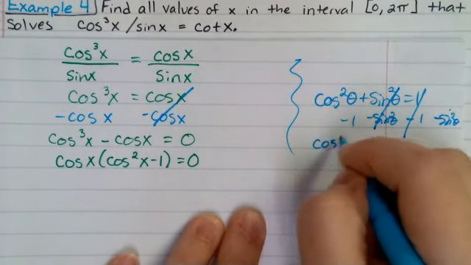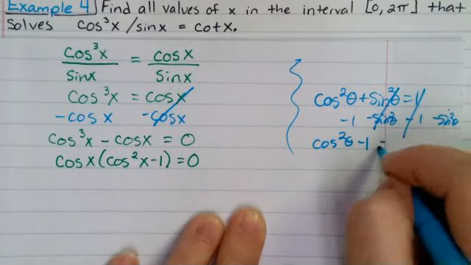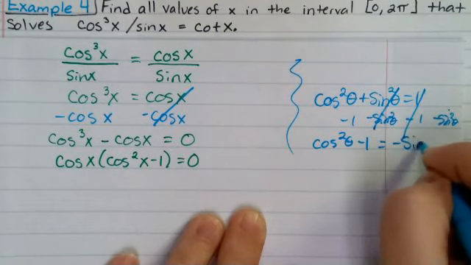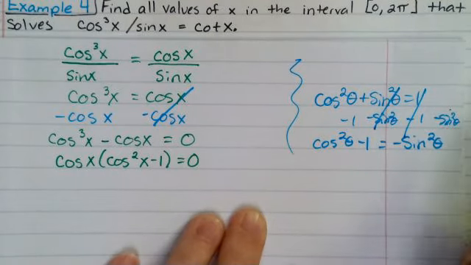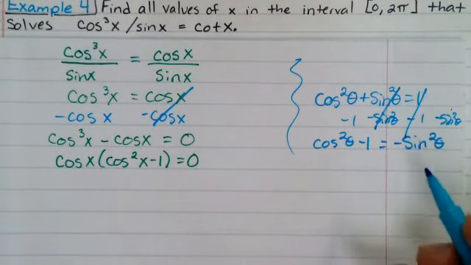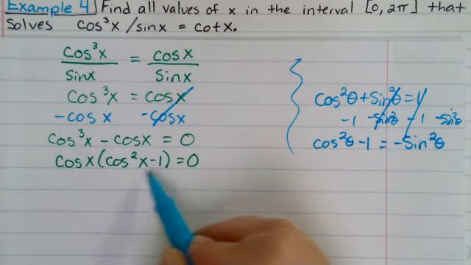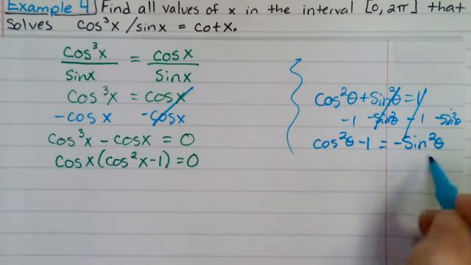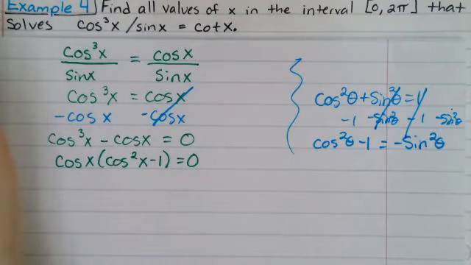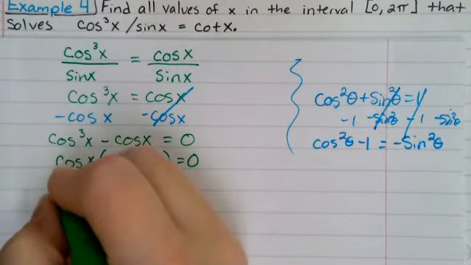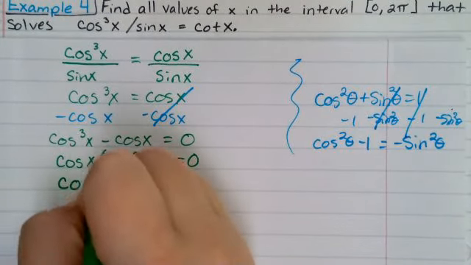That would give me cosine squared theta minus 1 equals negative sine squared theta. So if I use that property, I would be able to replace the cosine squared x minus 1. I can replace that with a negative sine squared theta. All right, so that's at least a little cleaner.